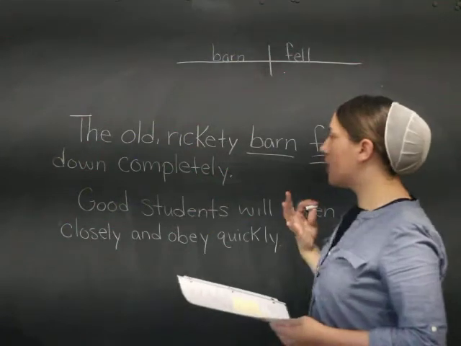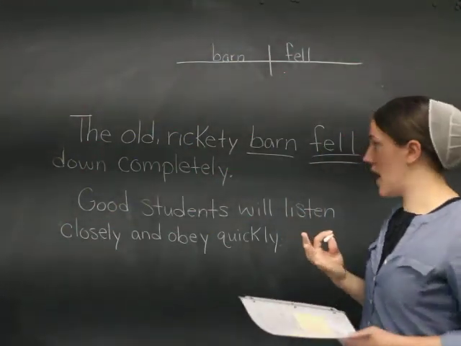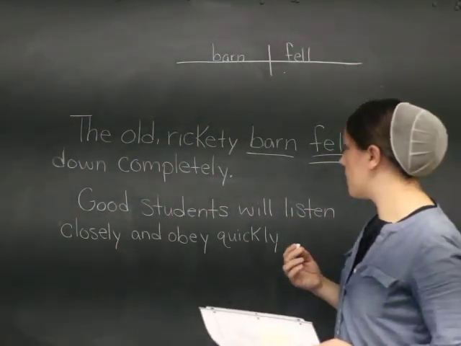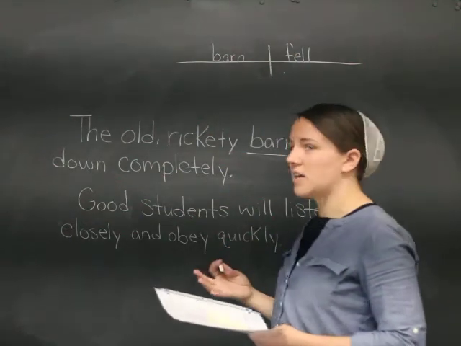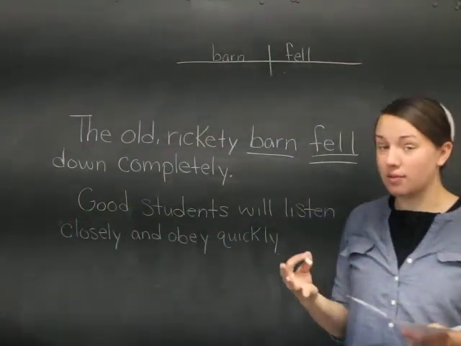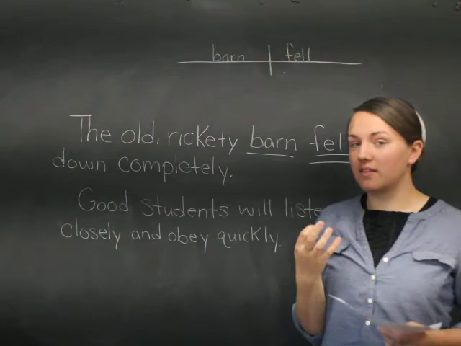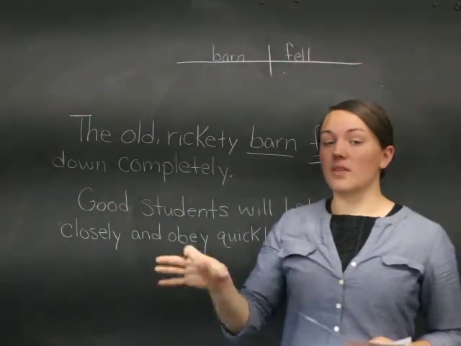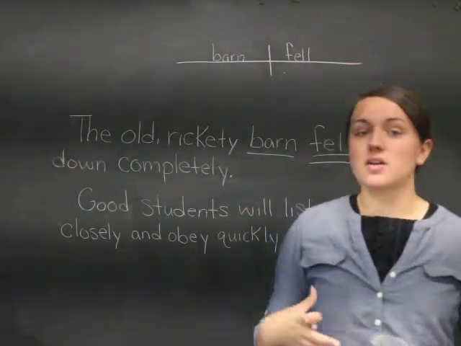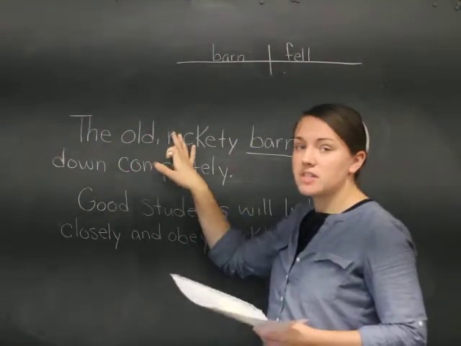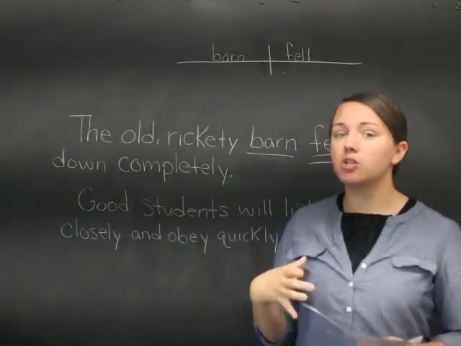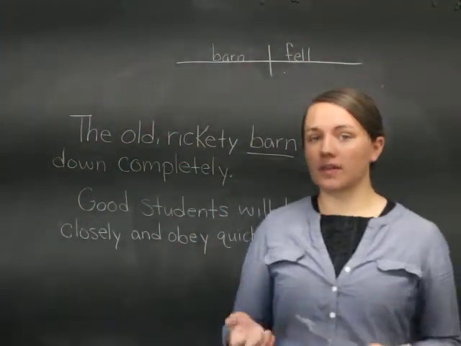Barn fell. Now, what are the rest of the words functioning as in the sentence? The, old, and rickety. They are describing words. What are they describing? The barn, okay? The barn is your subject or your noun, so that means that these are adjectives. Adjectives should be diagrammed right underneath the word that they describe, okay?